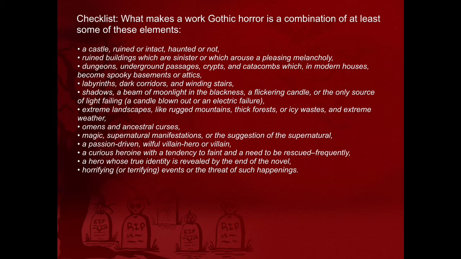So these are the elements: a castle, and this castle could be ruined or intact, haunted or not; ruined buildings which are sinister or which arouse a pleasing melancholy; dungeons, underground passages, crypts, and catacombs, which in modern houses become spooky basements or attics; labyrinths, dark corridors and winding stairs; shadows, a beam of moonlight in the blackness, a flickering candle, or the only source of light failing. It could be a candle blown out or an electric failure.